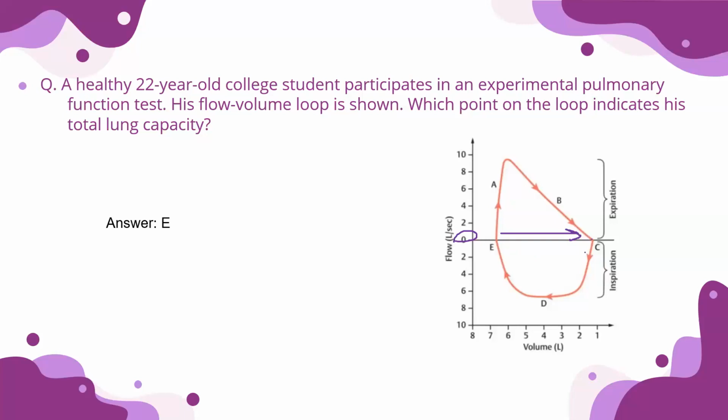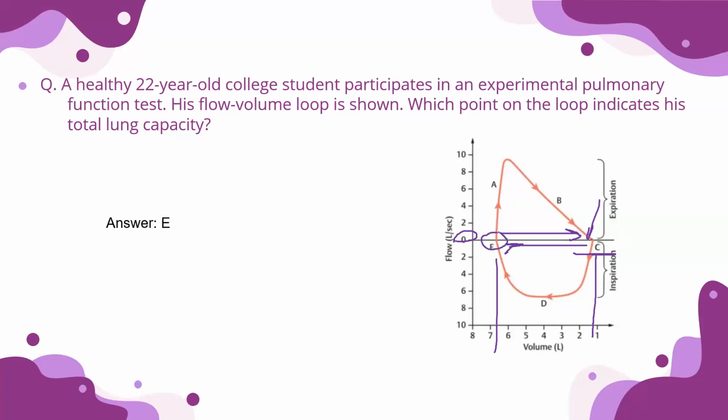And you can also think about why C is residual volume and not total lung capacity. Because look at what number it's representing in the lung volume, 1.5. E represents 6.5. This is just to help you. But the main reason is that we start inhaling air at point C, volume increases, we reach point E, after which flow becomes zero.